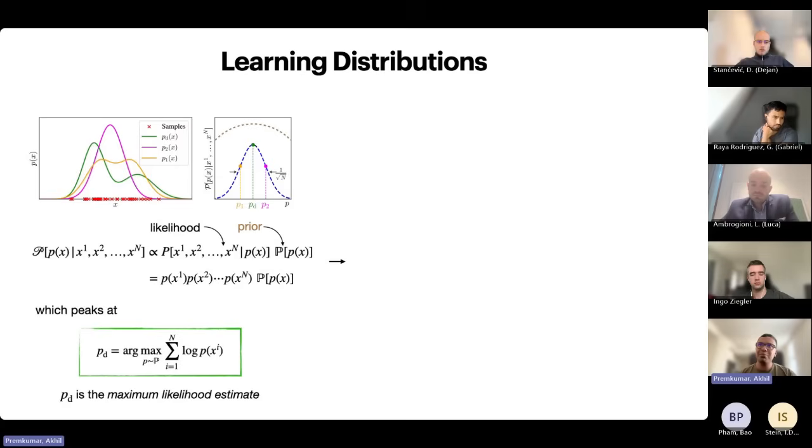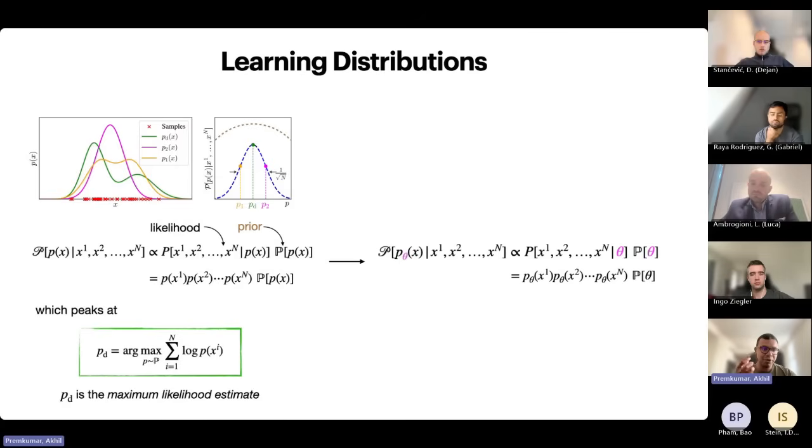Now, in machine learning, you choose a model with some parameters theta, and these theta parameterize your candidate distributions. And therefore, you have the equivalent expression, which I've shown on the right here.